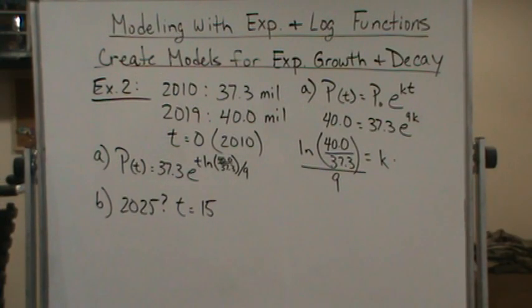So we're going to do 15 times the natural log of 40.0 divided by 37.3, and we're going to divide that by 9.